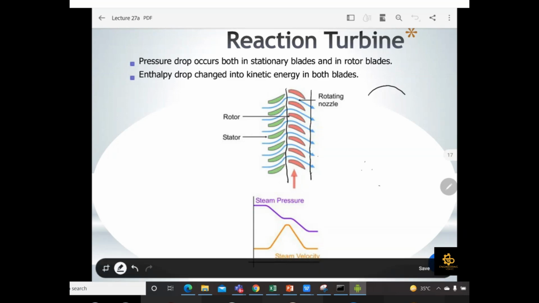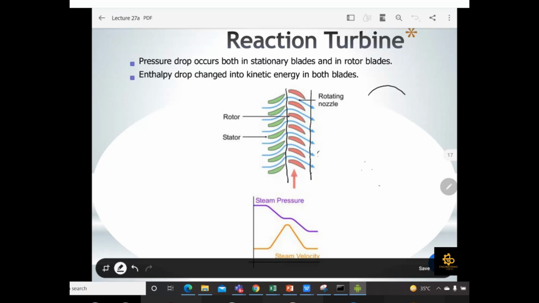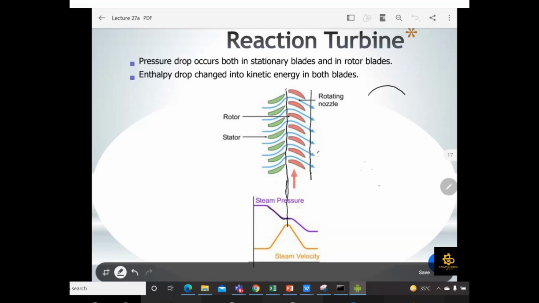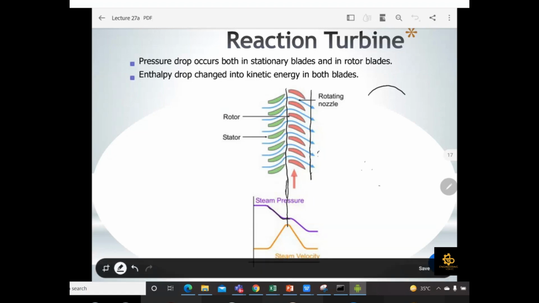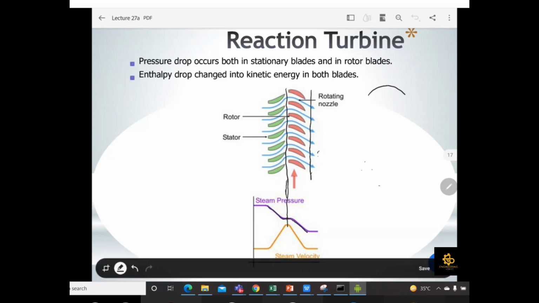The stator section basically acts as a nozzle also. So at the end of the nozzle, your pressure decreases, and then as it moves towards the moving blade section, it also gradually decreases. But in the case of the impulse turbine, it remains constant.